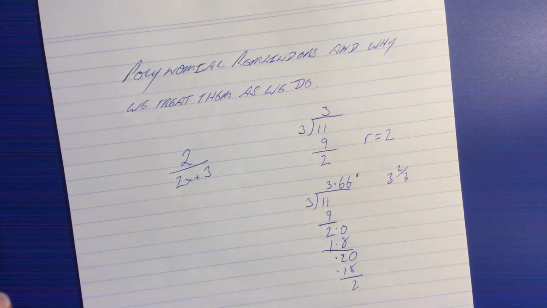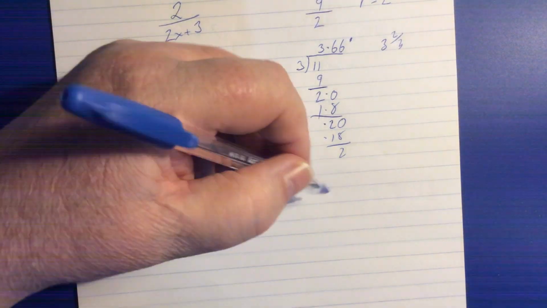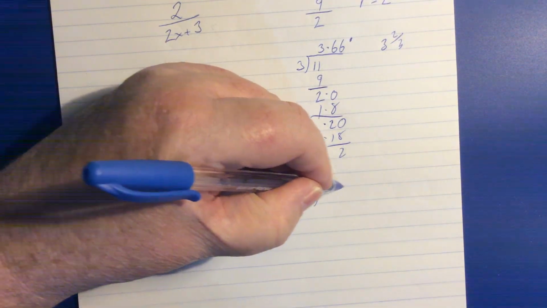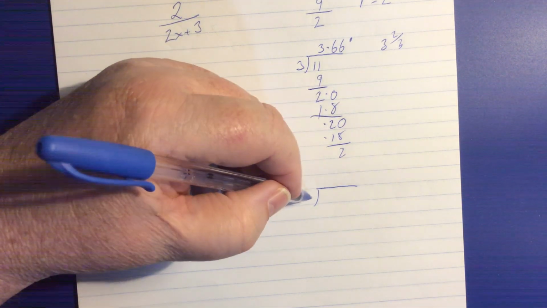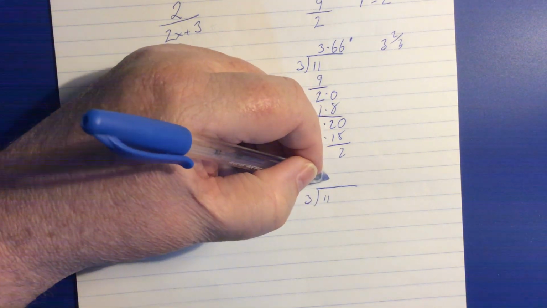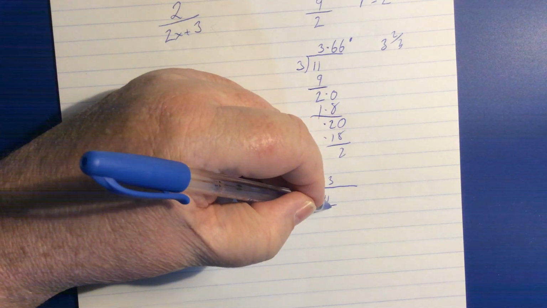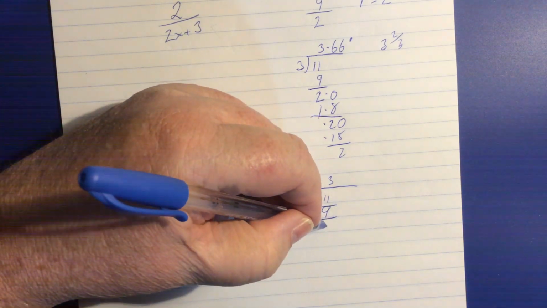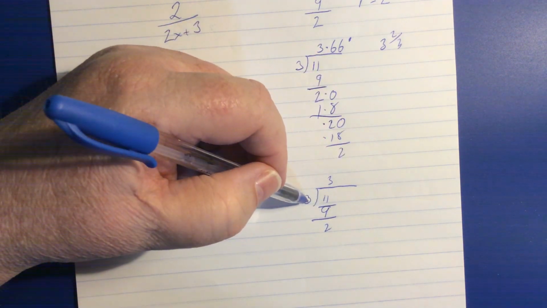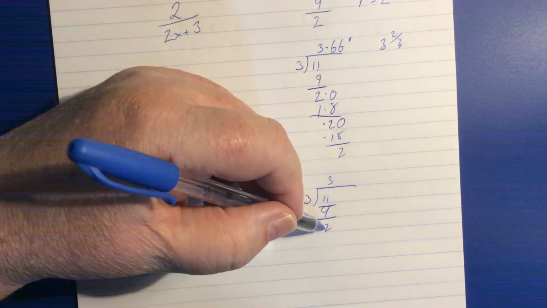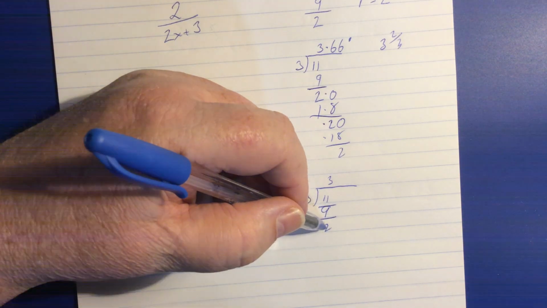But we can go straight to this. Let me show you. And this is where what you see up here comes into play. So 3, 11, oh sorry, the 9 should go there, the line should go there, that's 2. So just ignore that line. So 3 goes into 11 3 times, that gives us 9, subtract that, gives us 2.